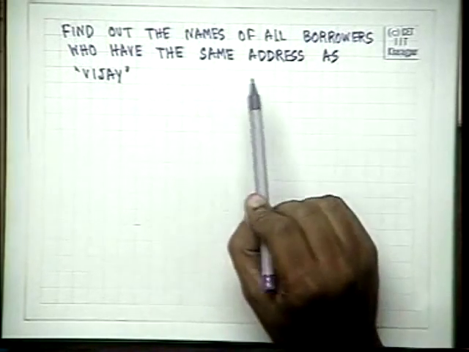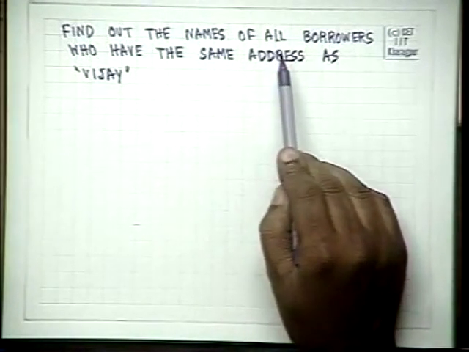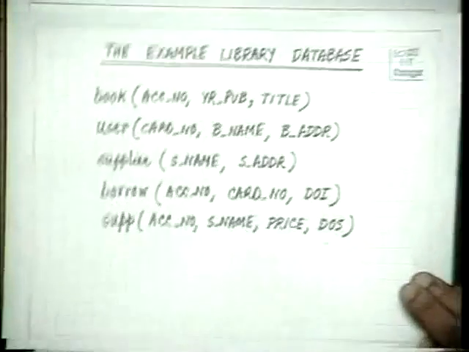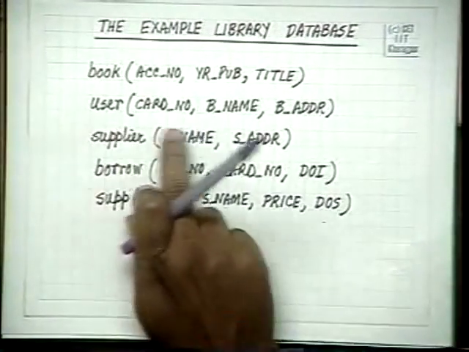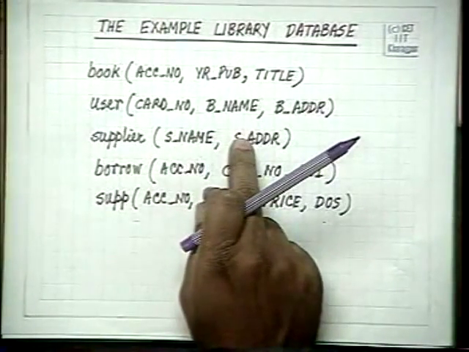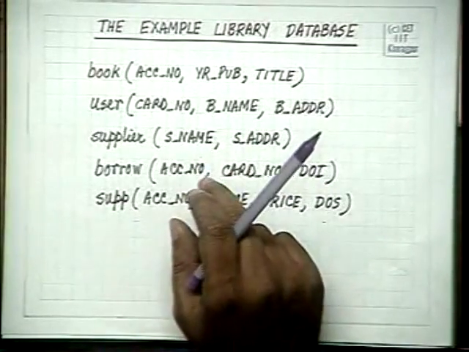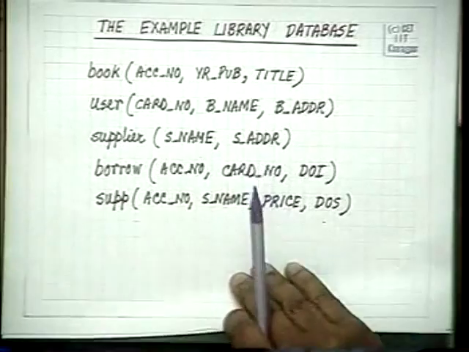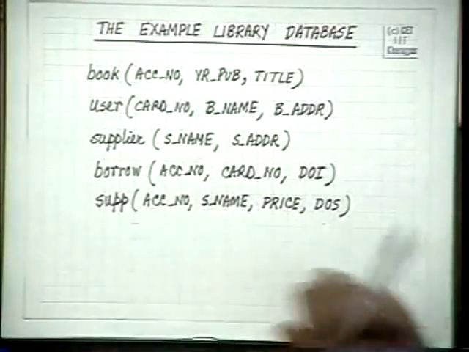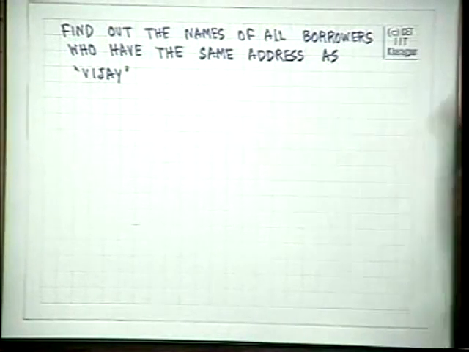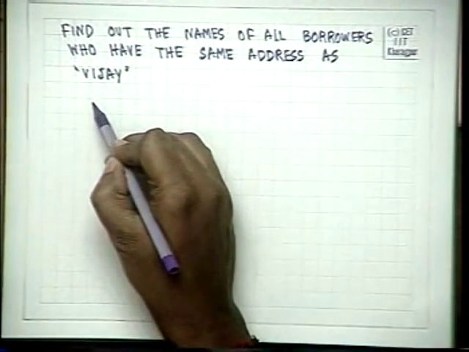This will require that on the user relation, the name and address are available, and we have to do a Cartesian product on the user relation, renaming at least one of them. That is what we did in relational algebra. We renamed one of them.